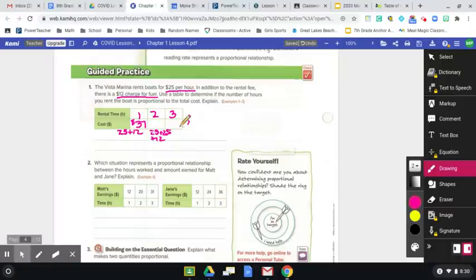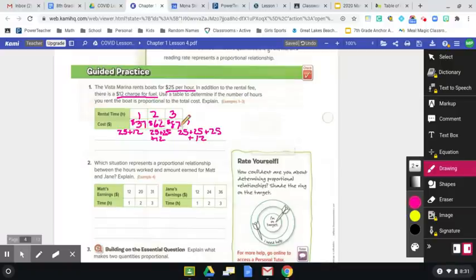That's going to be $62 to rent that boat and put fuel in it for 2 hours. 3 hours. So we've got 25, 25, plus 25, rental fee for all 3 hours, plus the one-time fuel charge of 12. That's $75 plus that 12. It's going to cost $87 for 3 hours to rent that boat.